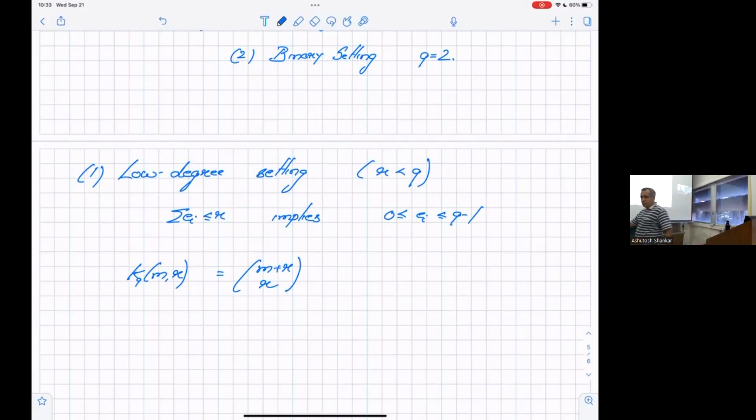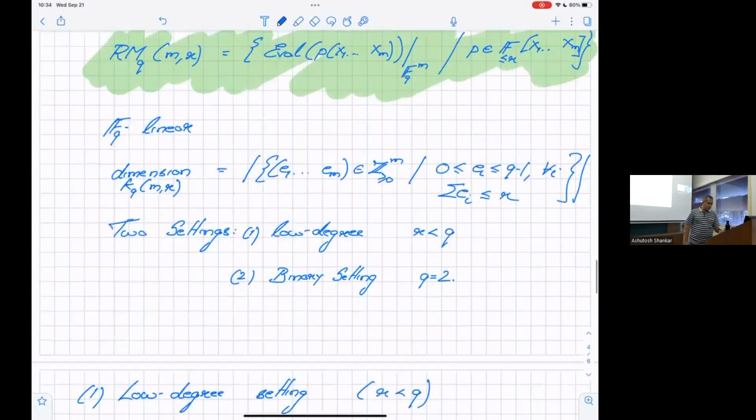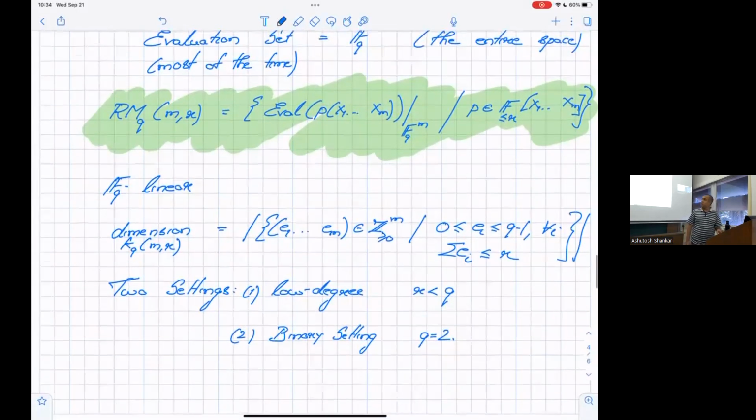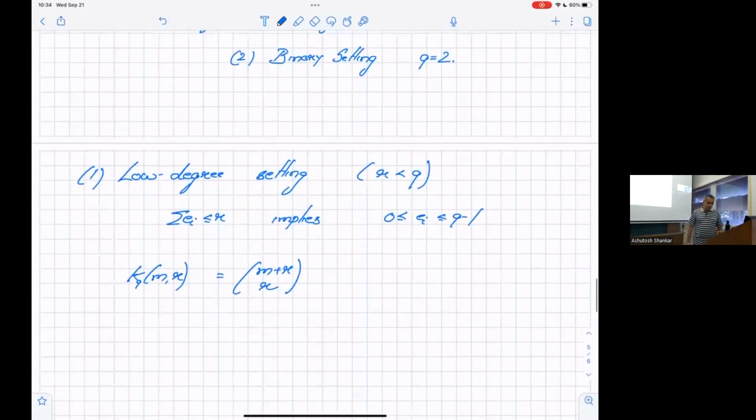You have R balls, and everything before the R balls will tell you the size of the EI. So in this case, the dimension of the code is nice. It's actually m plus r choose r.